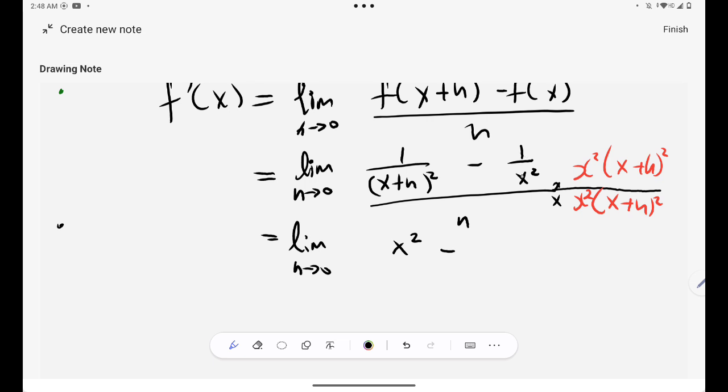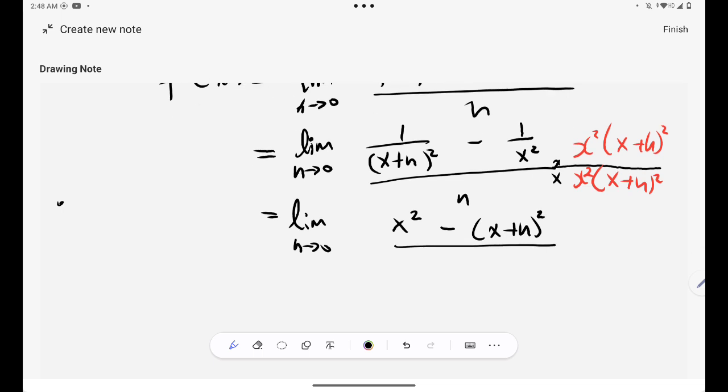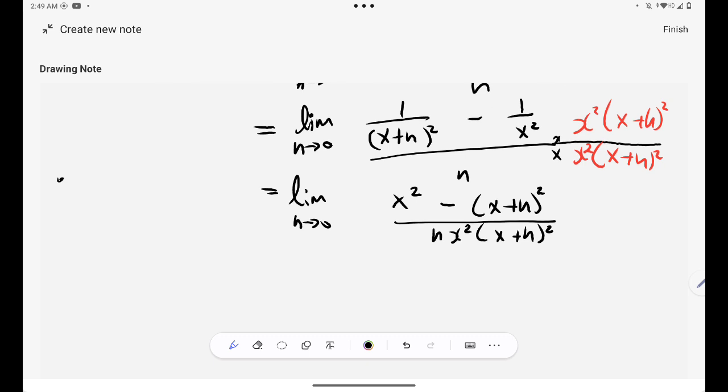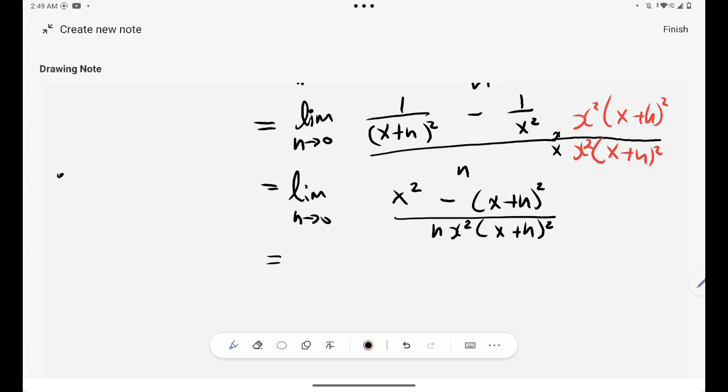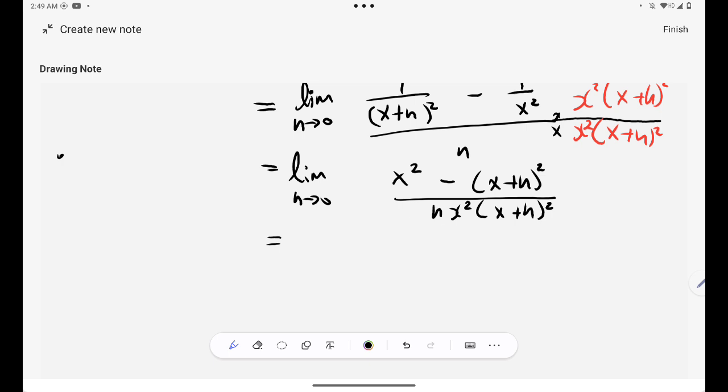Whenever I multiply the second term by the LCD, I'll be left with the bracket. And then at the bottom, I will have h times x squared in the bracket.